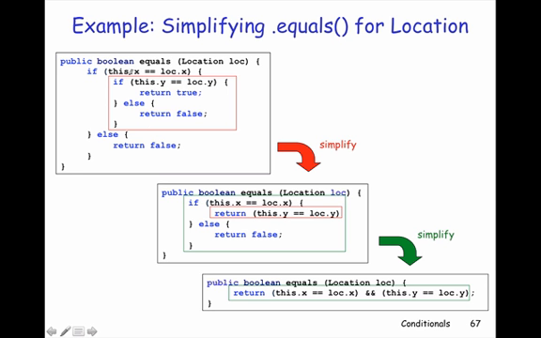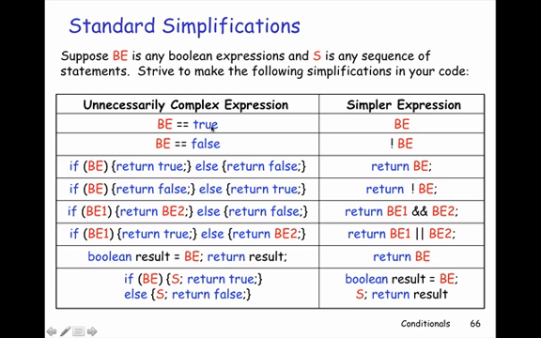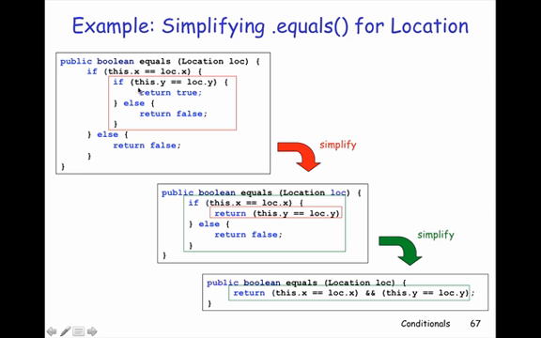Well, notice that the statement in red here is an instance of something we saw on the previous slide. It's an instance of this simplification. So we know that in this case, we can just always replace that by the Boolean expression. So in fact, we can just say return this.y is the same as loc.y.